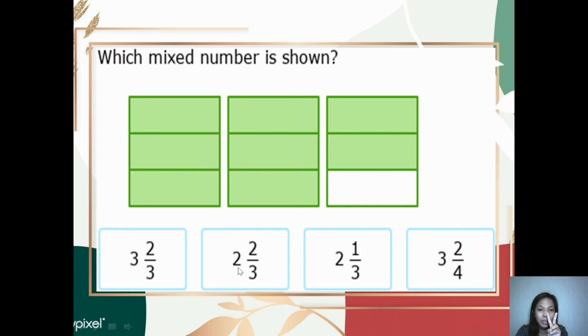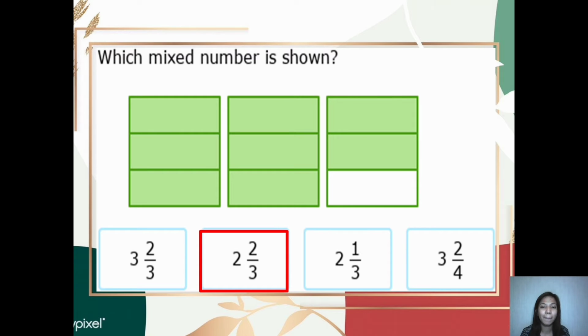And how many is the shaded part on the last box? 2. So this is why it is 2 here. And how many parts in each of them? 3 parts. So the answer here is 2 and 2 over 3, or 2 and 2/3.